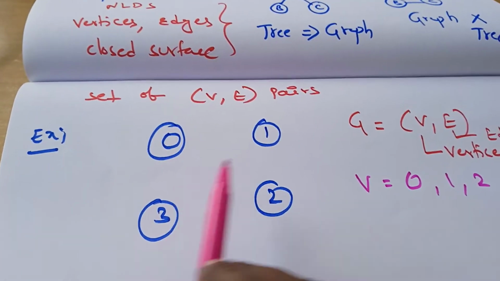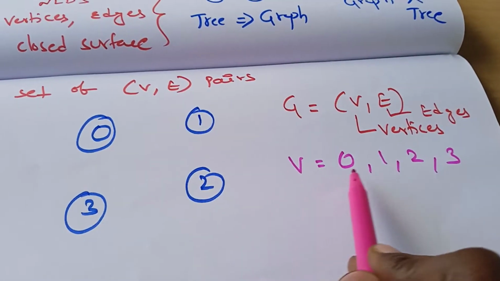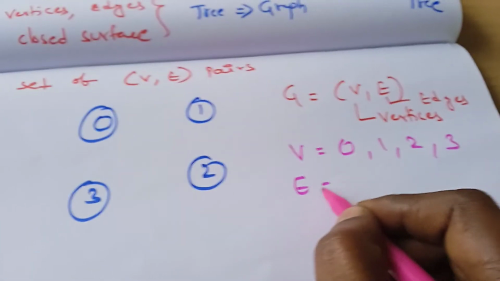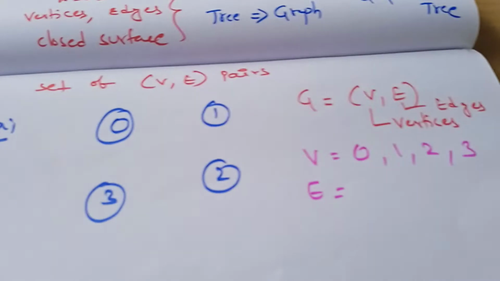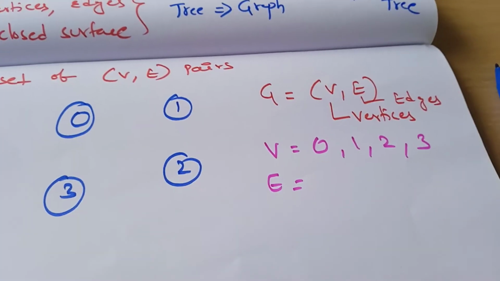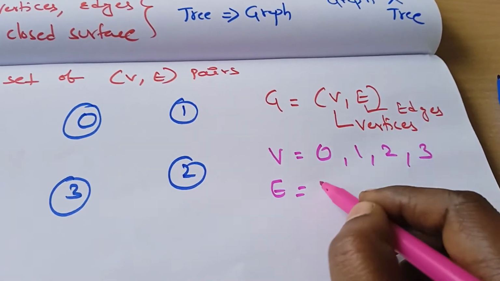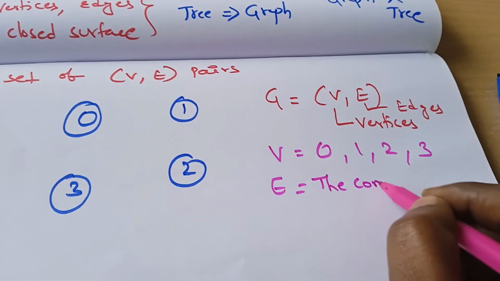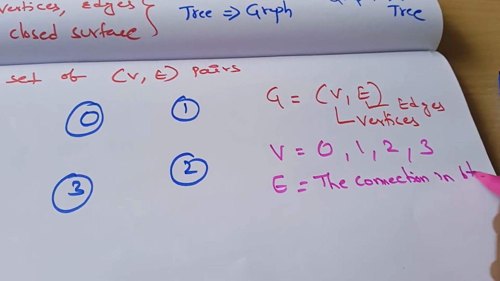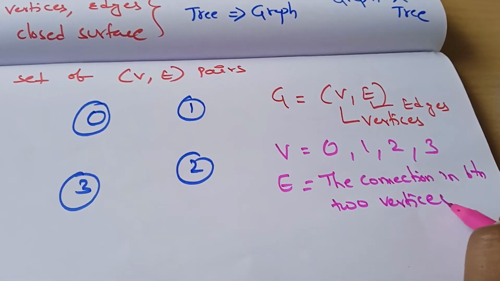Now the edges. G is equal to V comma E, right? V is the set of vertices. Now what is E? E is the connection in between two vertices.